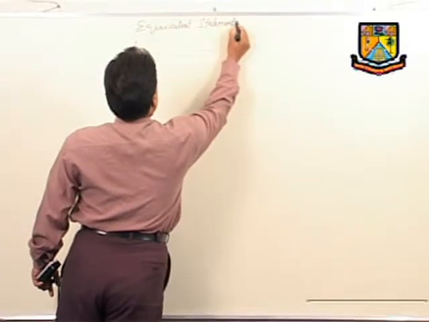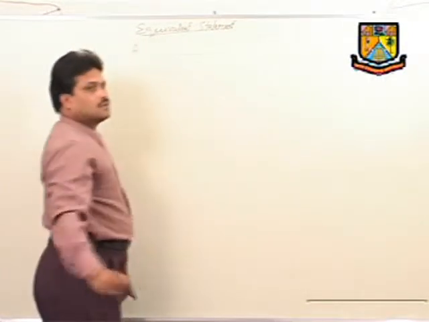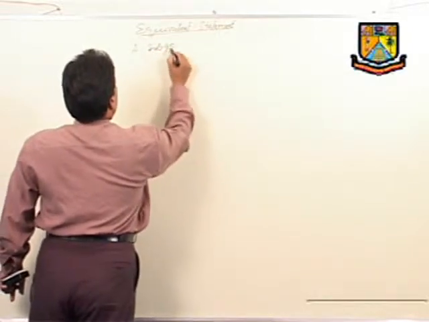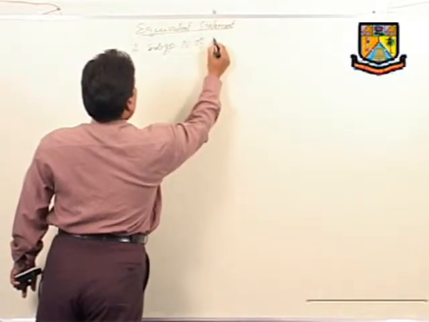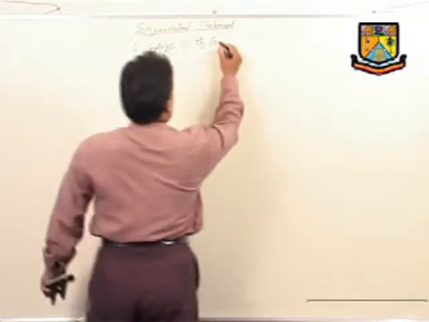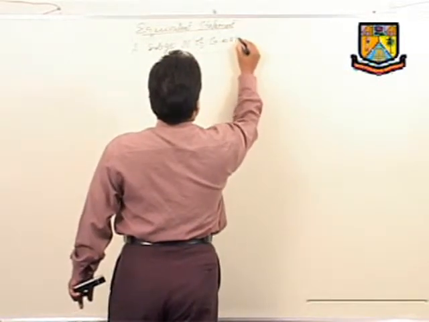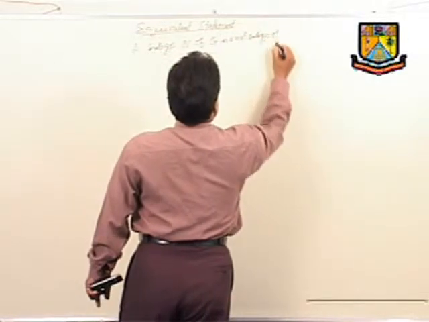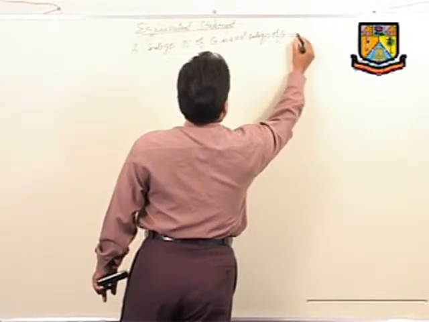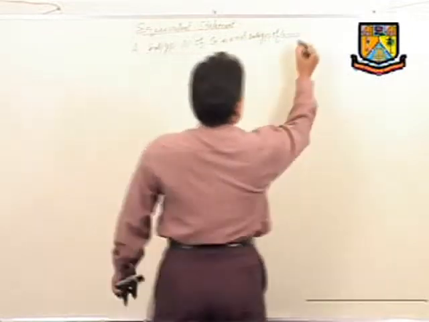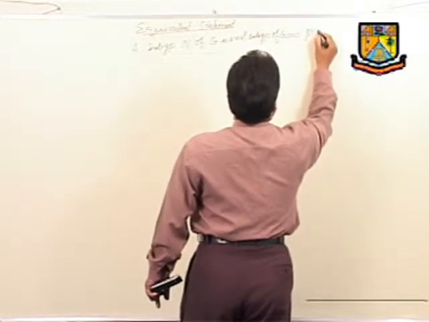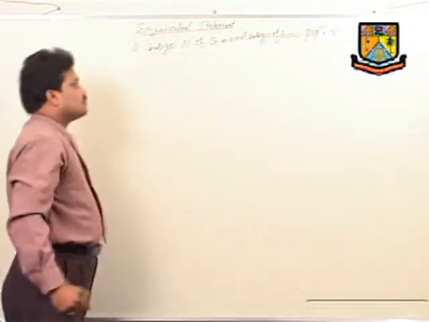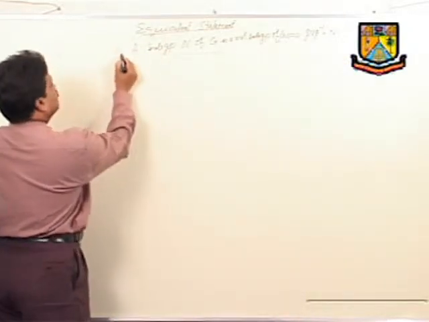A subgroup N of G is a normal subgroup of G if and only if g N g inverse equals N. This is the first statement.